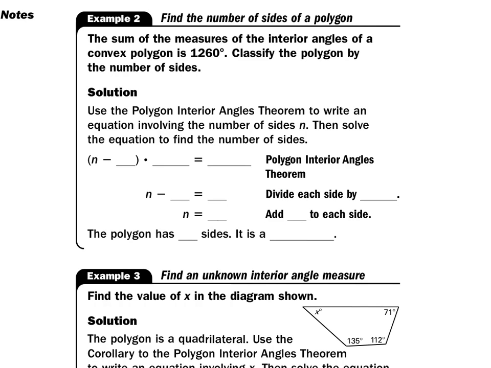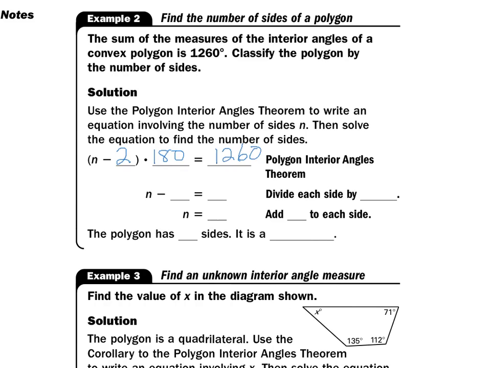Okay, example 2. Find the number of sides of a polygon. So this is the opposite of what we just did. The sum of the measures of interior angles of a convex polygon is 1,260. Classify the polygon by the number of sides. So let's put it in our formula. N minus 2 times 180 is going to equal 1260.